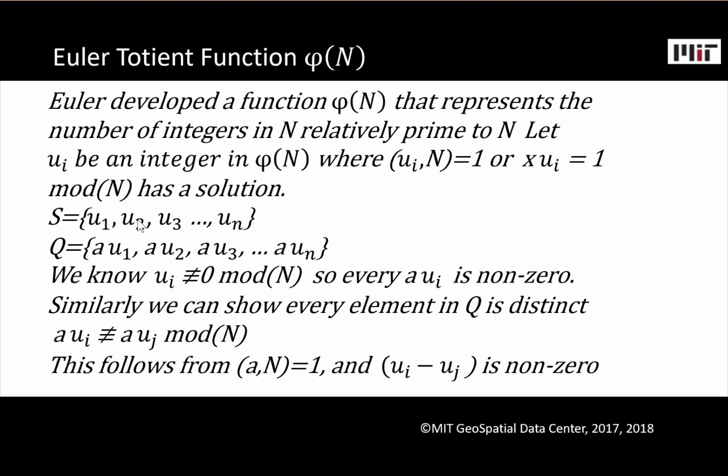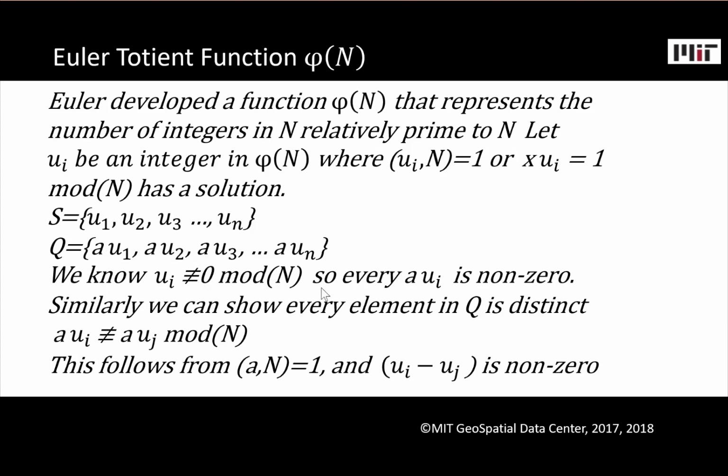We had 1, 5, 7, and 11 here. So there are only 4 of them. But now let's play the same game and multiply these by some value a. Now a must be relatively prime to big N. Okay, so they shouldn't share a factor.